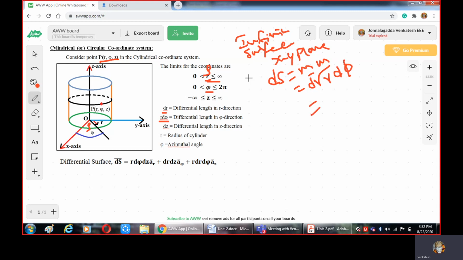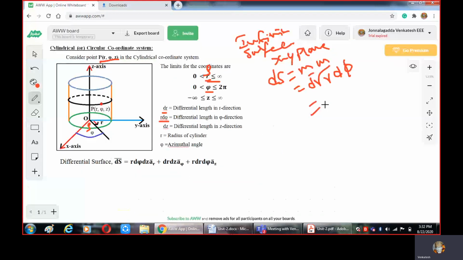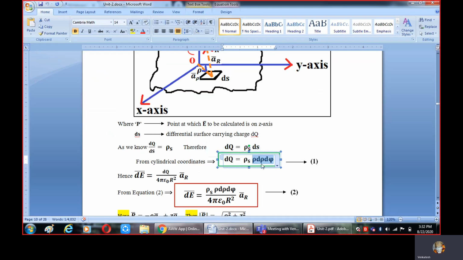But we are considering rho in place of r, as rho is the radius of the cylinder, so we can replace r with rho. dr means d rho, r means rho, and d phi means d phi. Again reframing, dS is equal to rho into d rho into d phi.